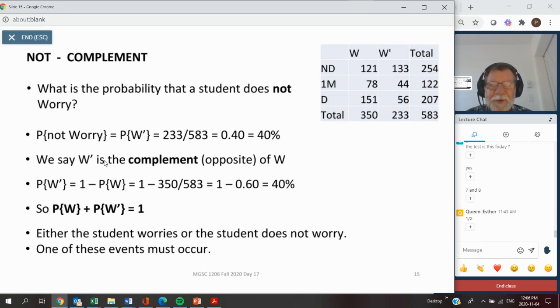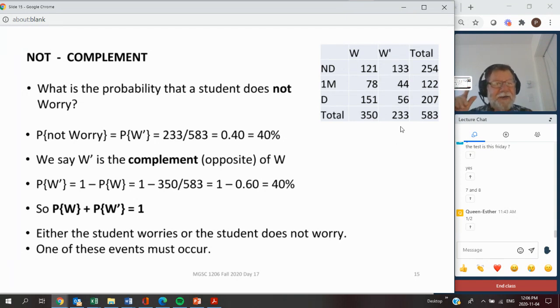And we get a rule with this. So if I've got 60%, in this one here, what percentage worry, 60% worry, 40% do not.